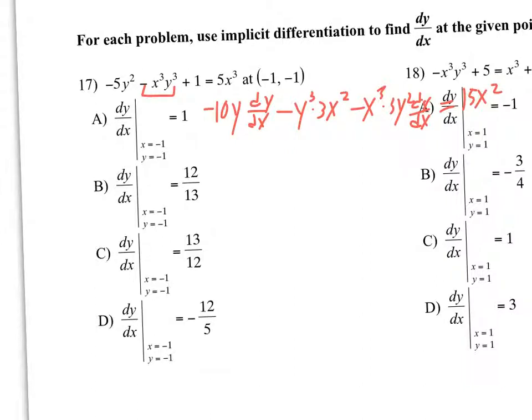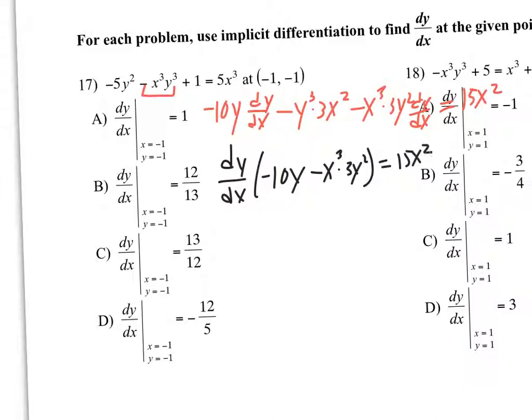I'm going to combine like terms, everything with the dy/dx to the left side, everything without it to the right side. And I'm also going to factor out dy/dx in this step. So that'd be minus 10y and minus x cubed times 3y squared. On the other side, we've got 15x squared.